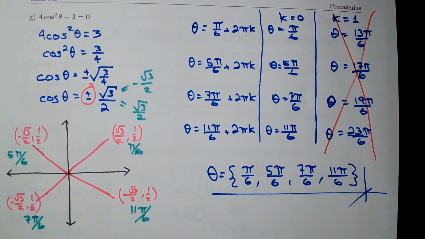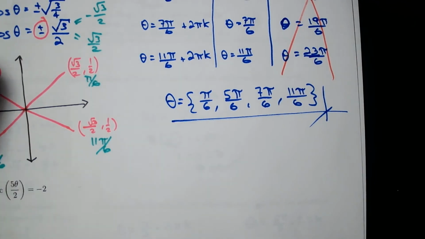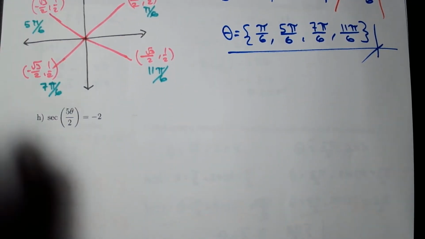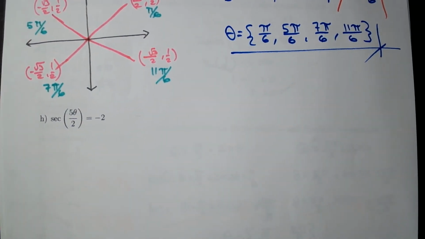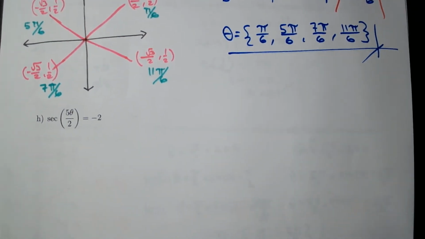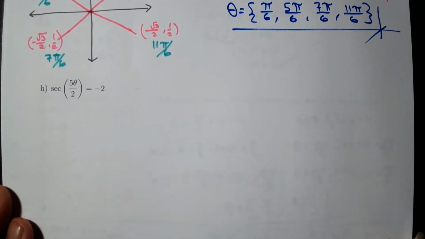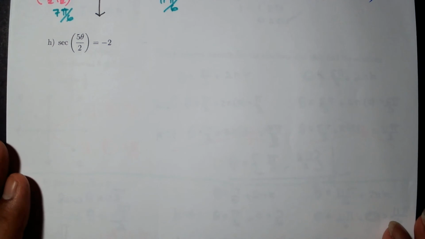Alright, so let's do the last example of this section for this video. Let me fix the camera here. So what do we have? Now we have a secant. We haven't done one that has to do with secant, and especially this kind of weird looking angle. It's going to be a fun one.